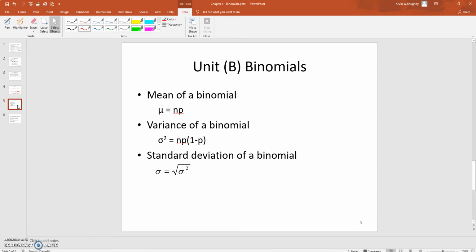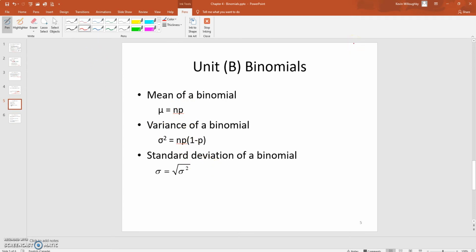A couple other calculations we can do with binomials: we can calculate the average or the mean of a binomial, sometimes referred to as the expected number of a binomial. It is n times p. We can calculate the variance and the standard deviation of a binomial.